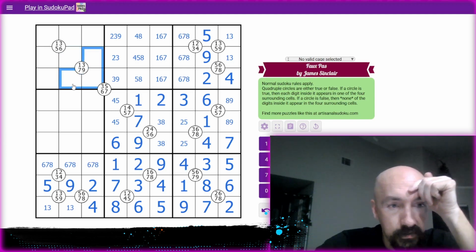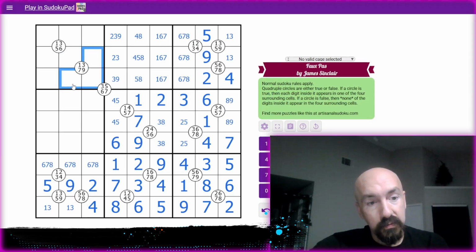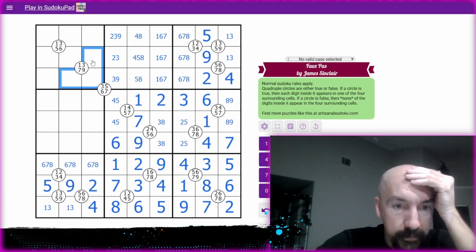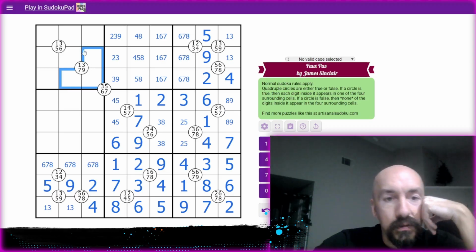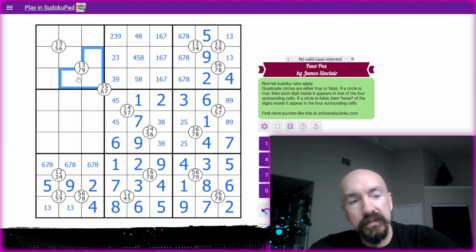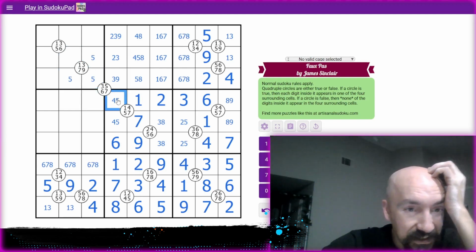So we know that the 5s are here, but, oh, hang on, no buts. Okay. So I am going to pencil mark the 5s here.